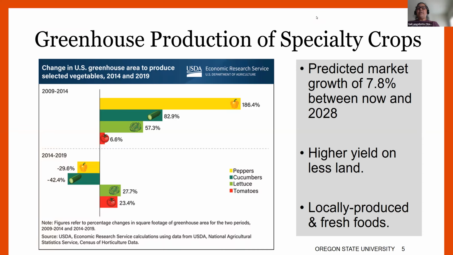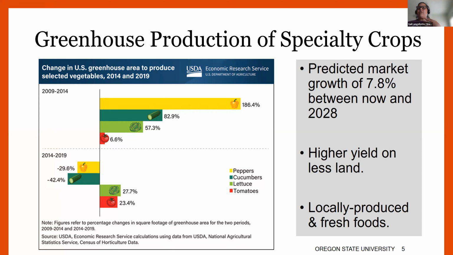In the last couple of years, the growth in greenhouse production of specialty crops has slowed to some extent. However, we're still seeing very strong growth in leafy greens and tomato crops in particular. The predicted growth of greenhouse production of specialty crops is expected to grow another 7 to 8% between now and 2028.